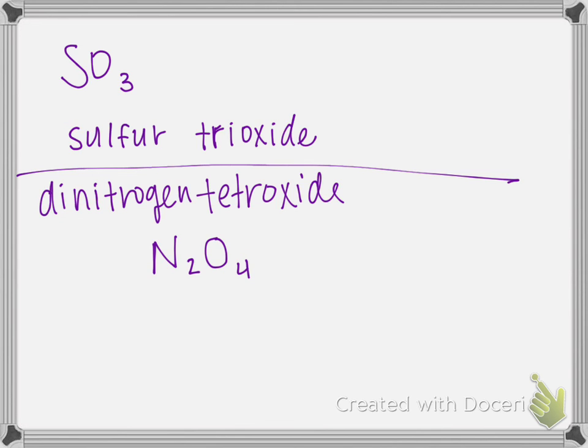N2O4, is that what we had? Think these are simpler than ionic ones? It's just read it and say it. No worrying about charges, no moving things around. They just stay.